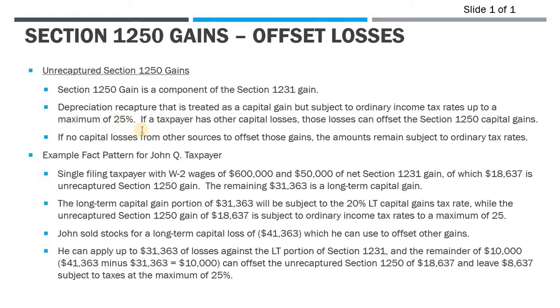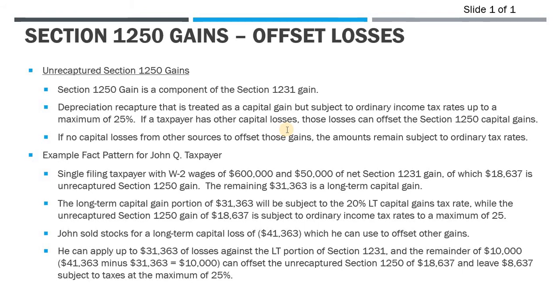It's subject to ordinary income tax rates, but it's capped at 25%, and initially it's treated as long-term capital gains. The reason why that's important is because even though it's subject to ordinary income tax rates, because it's initially treated as a long-term capital gain, that means we are allowed to offset it with other capital losses, right?